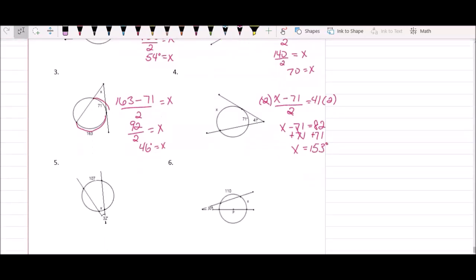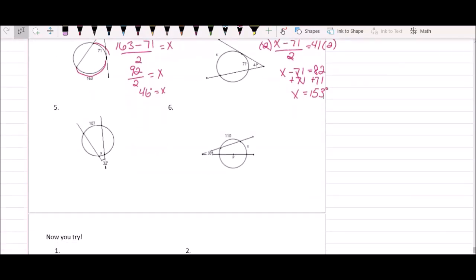And in our next example, we're going to be finding the measure of the inner arc, but same formula, 107 is the outer arc minus X is the inner arc divided by 2 equals the angle, which is 32. So again, multiply by 2 on both sides of the equation.